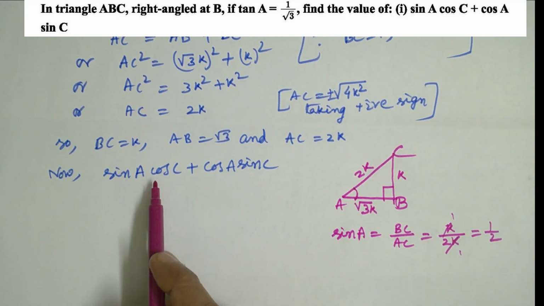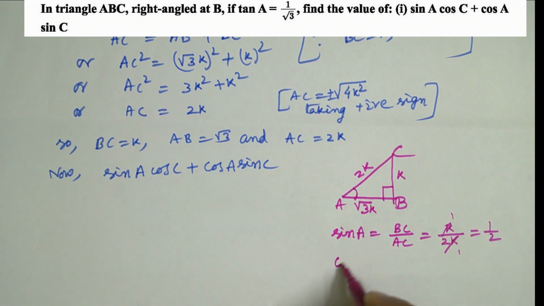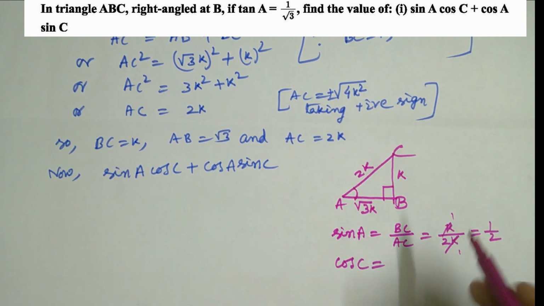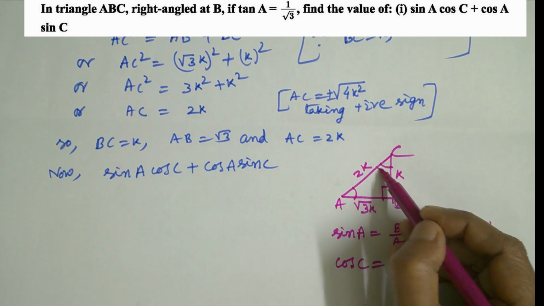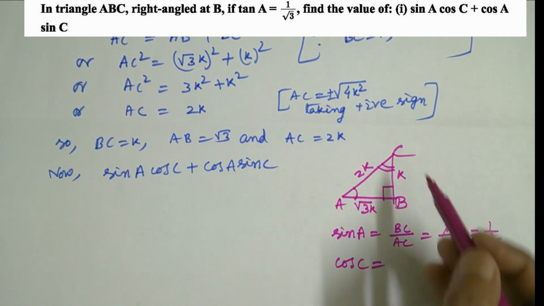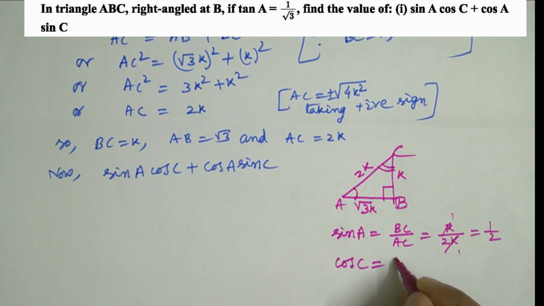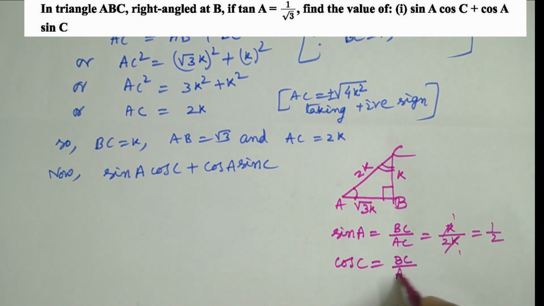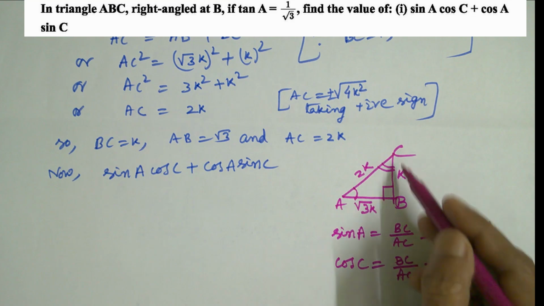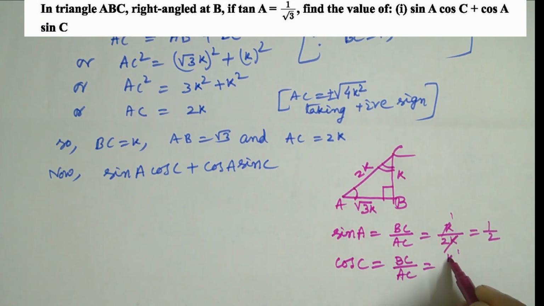We need to find next cos C. Cos C, C means this angle. With respect to this angle, AB is perpendicular, BC is base. So base by hypotenuse, BC by AC. BC means K, AC means 2K. Similarly K gets cancelled, it is equal to half.